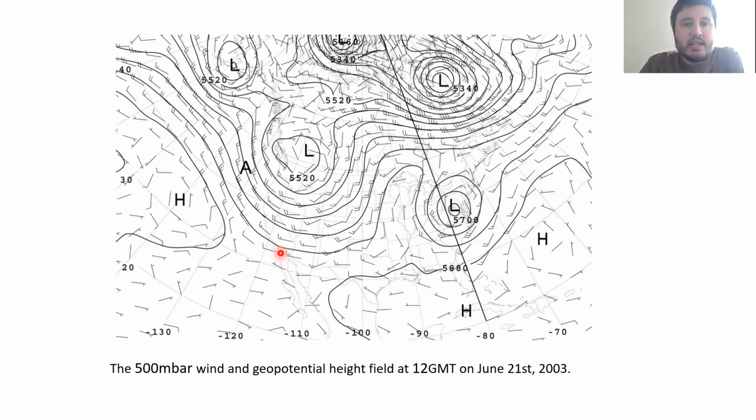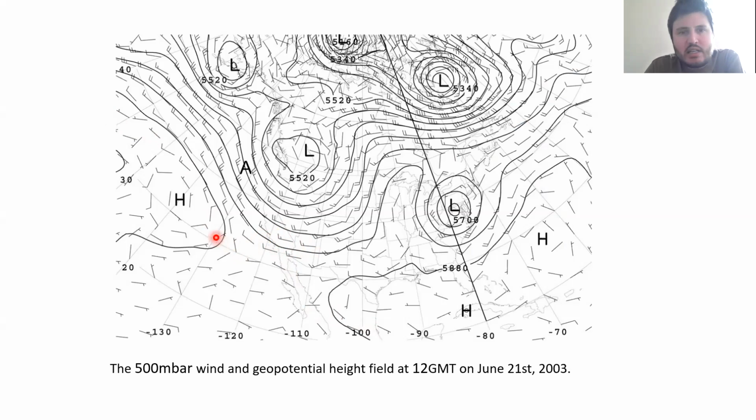Superposed to this plot, we have these barbs, which show the wind. Where the barbs are pointing shows the direction of the wind, and these perpendicular lines show the strength of the wind.